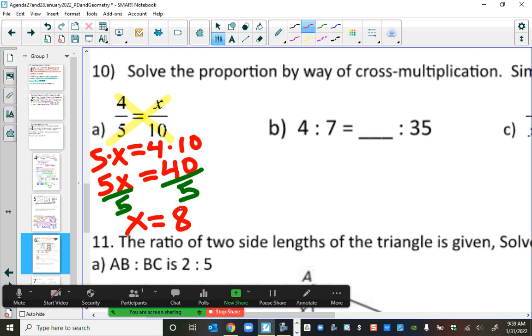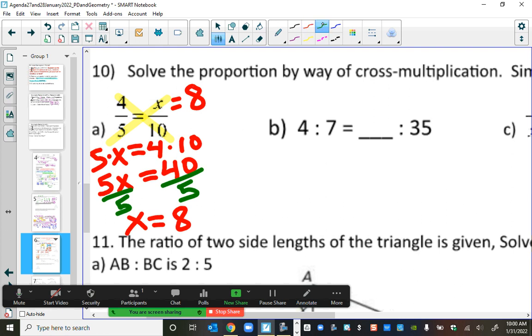And then you could always check it. Because with your calculators, if you type in 4 divided by 5, what would you get? 0.8. What about 8 divided by 10?